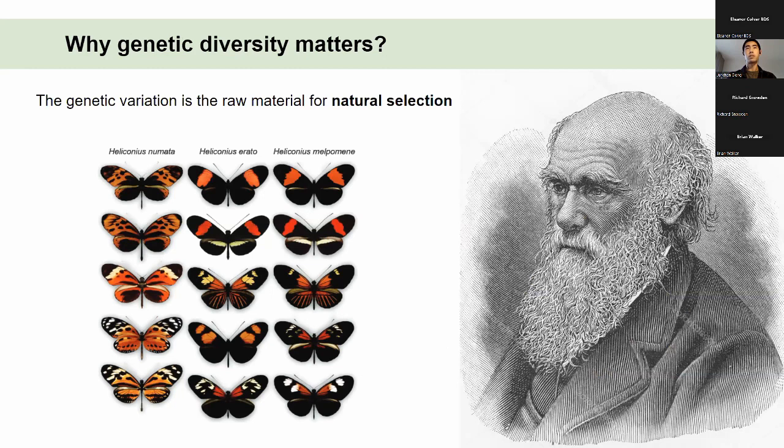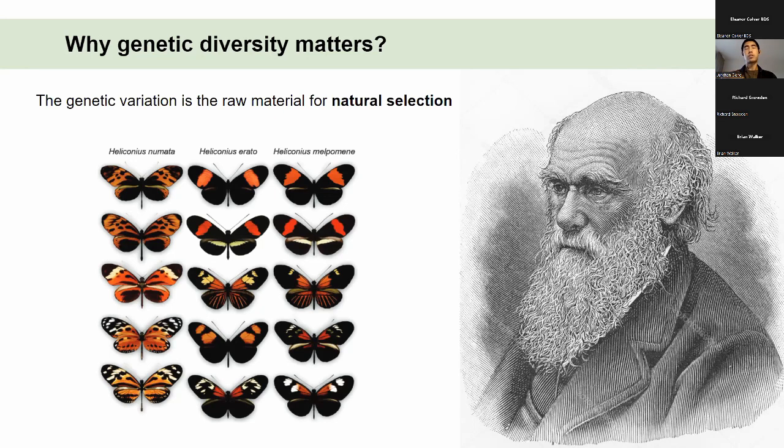Charles Darwin developed the natural selection theory in the 1850s. But at that time, people knew almost nothing about DNA. So genetic heredity was only developed after 1900. But now we know that those variations that we see are actually genetic variations.